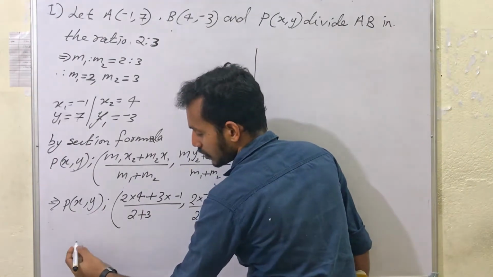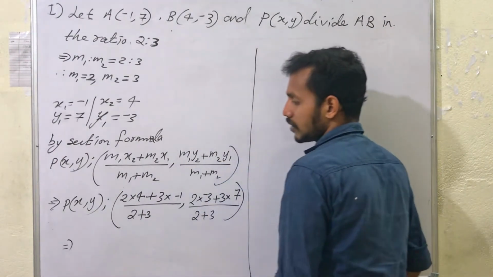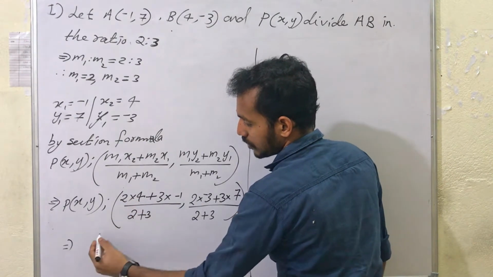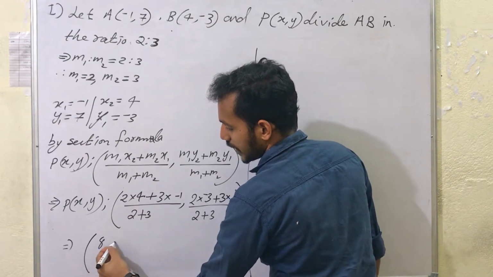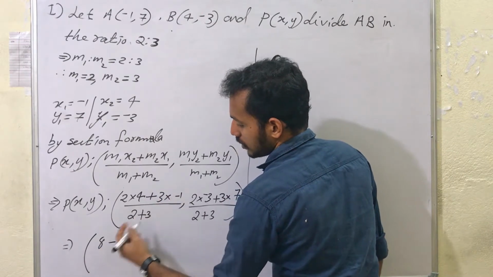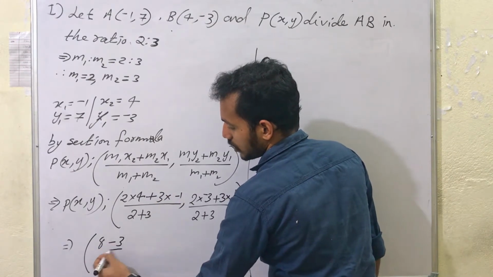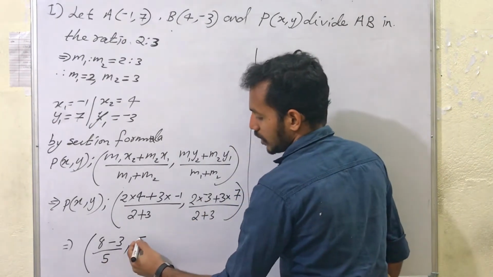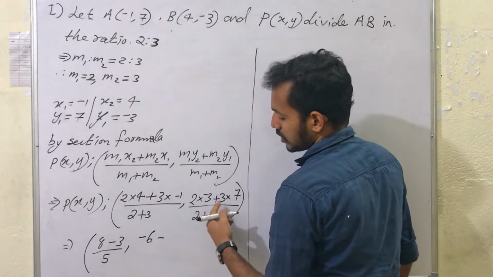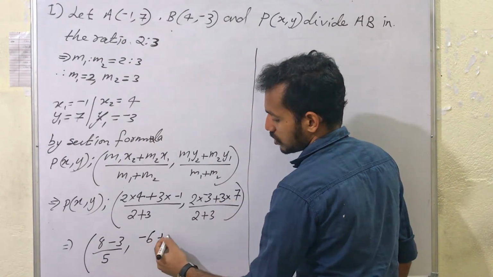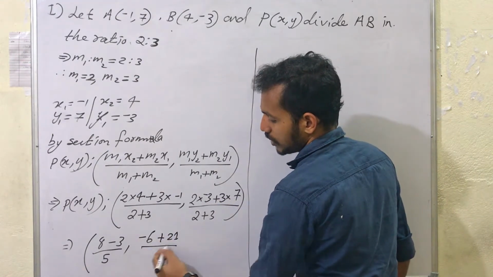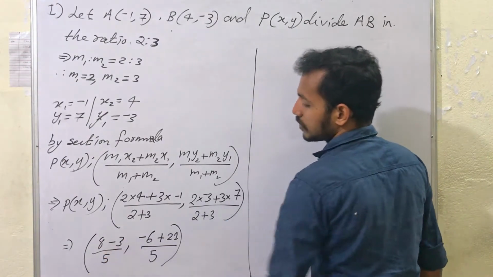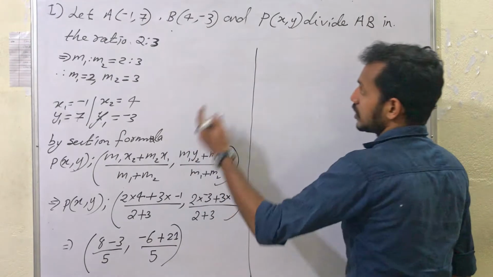Now, that implies 2 into 4 is 8. Just simplify one more step. 3 into minus 1 will be minus 3, divided by 2 plus 3 which is 5. 2 into minus 3 is minus 6, 3 into 7 is plus 21, divided by 5. 8 minus 3 is equal to 5 and 5 by 5 will be 1.